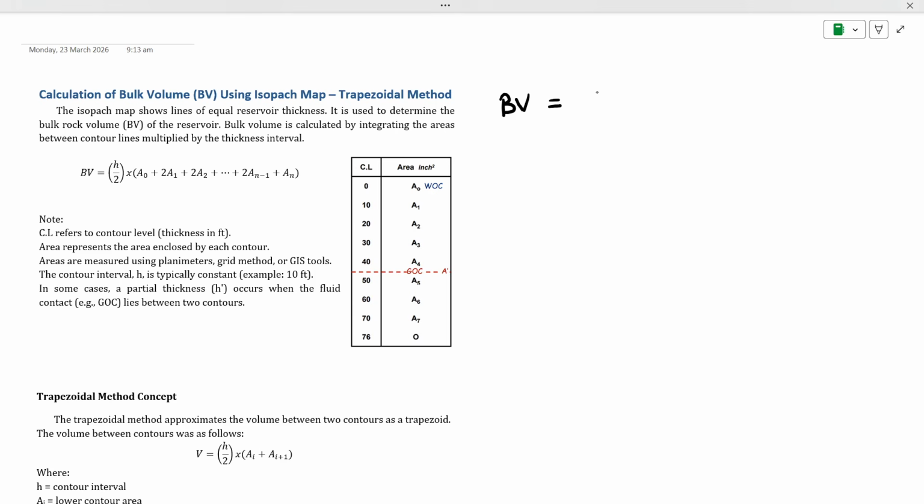equals the area multiplied by the thickness.